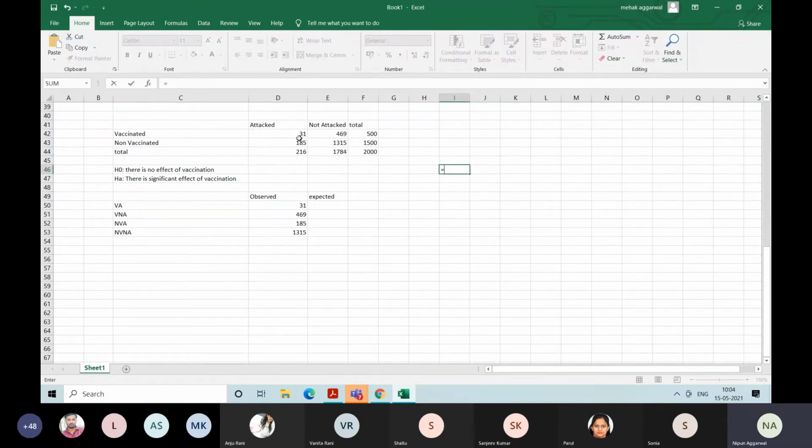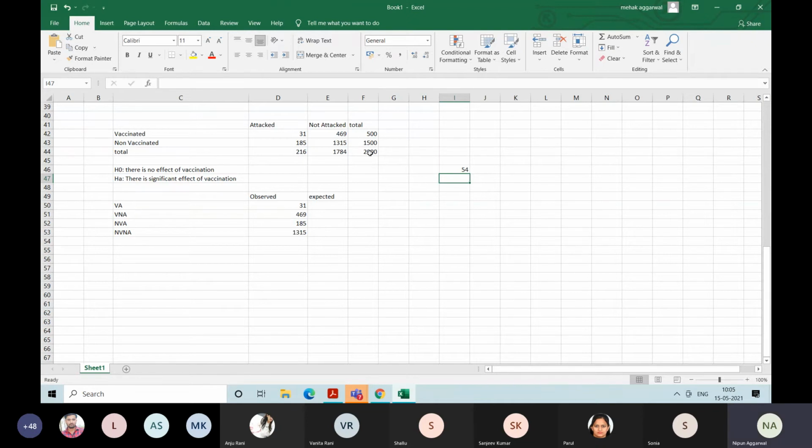So for this 31, it is 500 times the respective column total, 216, divided by the grand total, 2000.